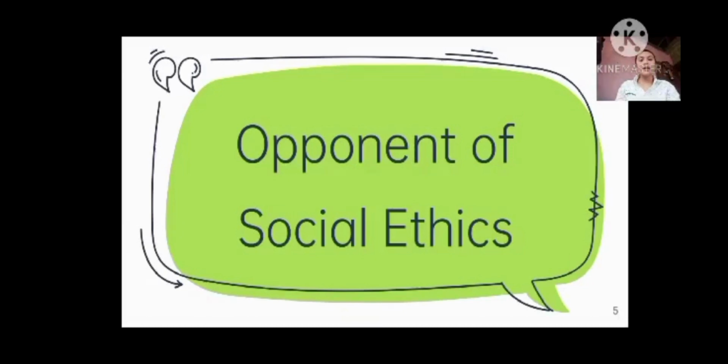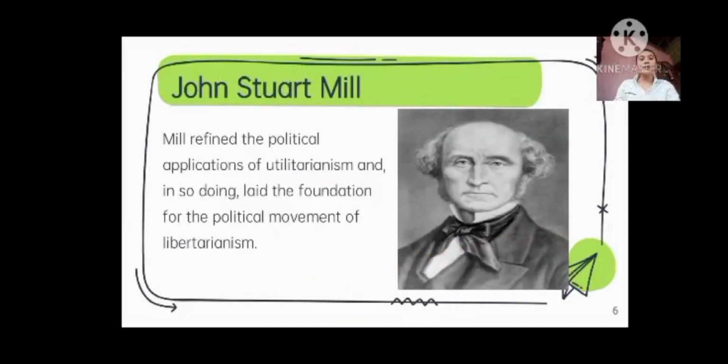Opponent of social ethics. John Stuart Mill refined the political application of utilitarianism, and in so doing laid the foundation for the political movement of libertarianism. So why John Stuart Mill, opponent in social ethics?